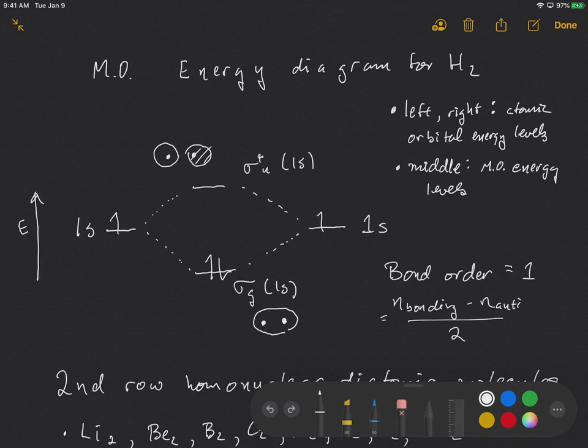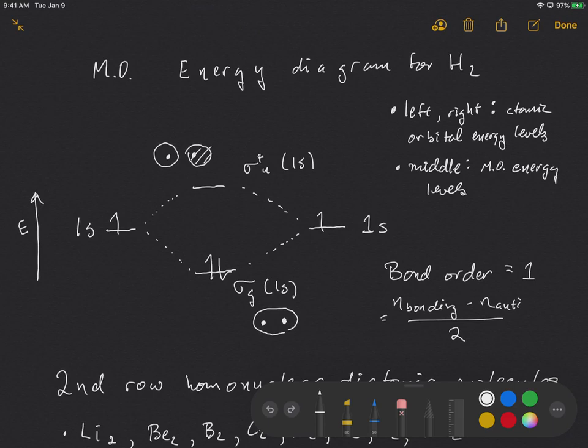And so reiterating a couple of these rules, I have on the right-hand side of the diagram a couple of bullet points. One is that the left and the right indicate the atomic orbital energy levels. We see line segments for those. In the middle, we see the MO energy levels. And again, we have these dashed lines to indicate the atomic orbitals' relationship to the molecular orbitals.